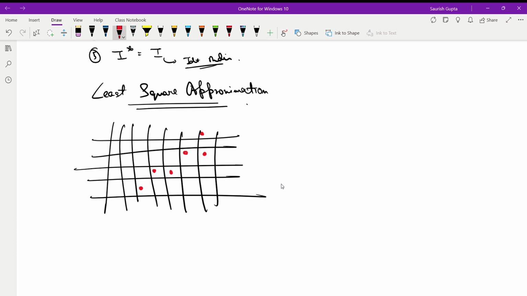I hope you're getting what I'm trying to say. So you used to draw a line like this. Sorry, let me use this color. You used to draw a line such that it passed through at least some of the points, if you're not having a good result out of the experiment.